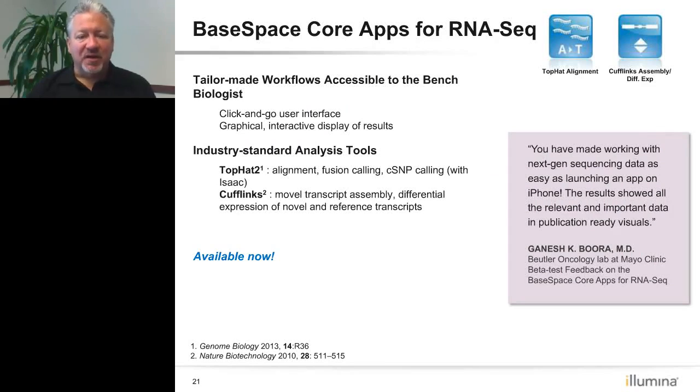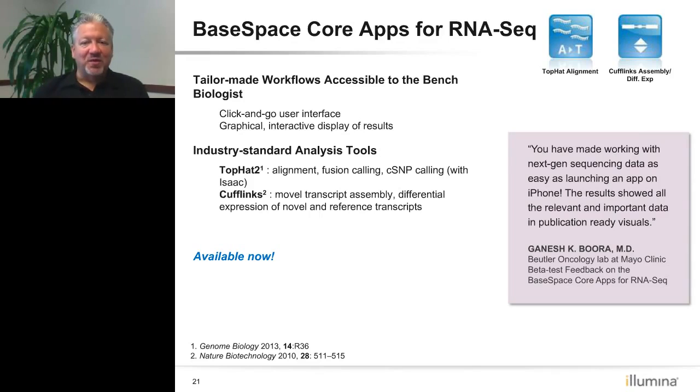This is a little bit more detail about the RNA-Seq app. It's actually 2 apps. The first one is a TopHat alignment app. The second is Cufflinks assembly and differential expression app. We tried to make these extremely easy to use, and I like this quote from one of our beta testers from several months ago, which is exactly the kind of thing we're going for.